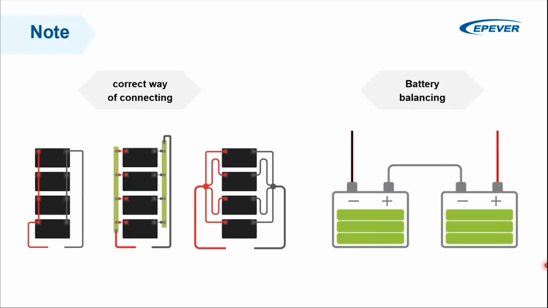Of course, you can use balancing devices in your off-grid system, but Epever does not provide those kinds of devices. But you can always easily measure the batteries, even if you want to check your system after 1 year, for example, or 6 months.